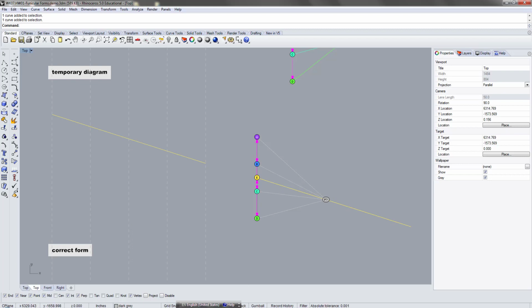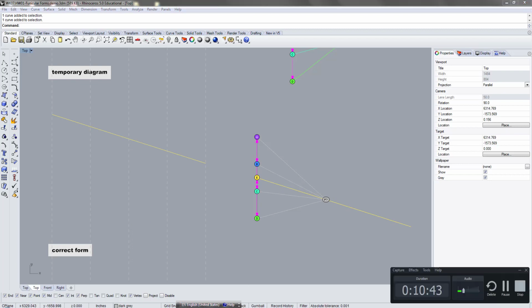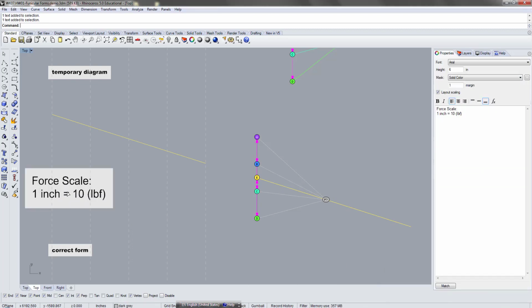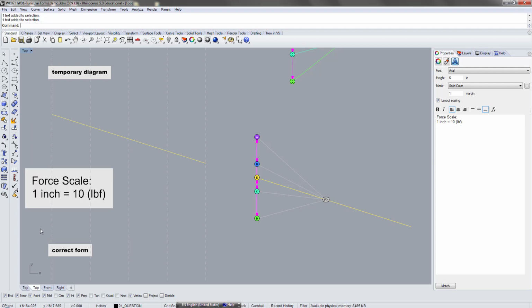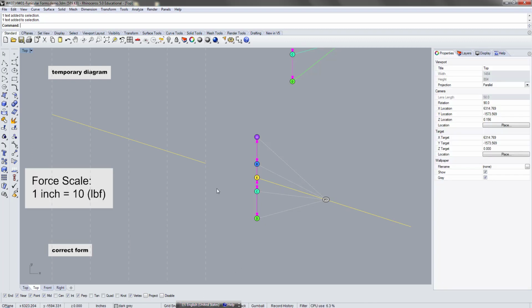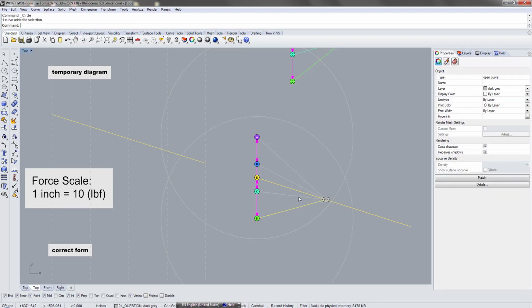That is using the force scale again, because we're referring to this force scale, 1 inch equals 10 pound force. So let's do 75 from one end and another end. So whatever is shorter would be the governing rule. So let me delete all these first.